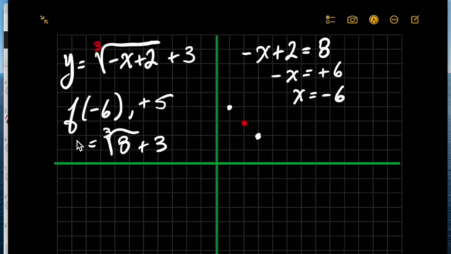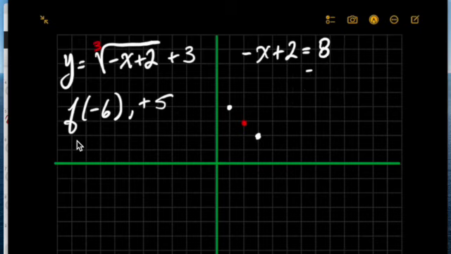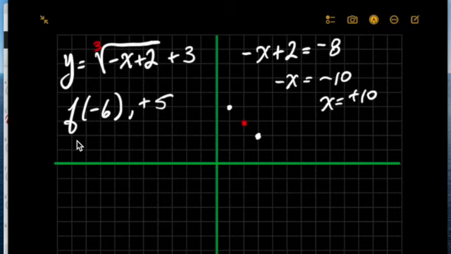Okay. Next, folks, we're going to set negative x plus 2 equal to negative 8. Again, we're setting the radical equal to perfect cubes. Okay. We're going to have negative x equals negative 8 minus 2, which is negative 10. x equals positive 10.